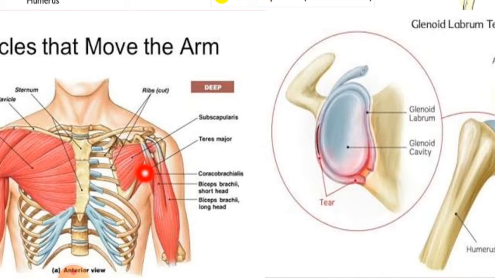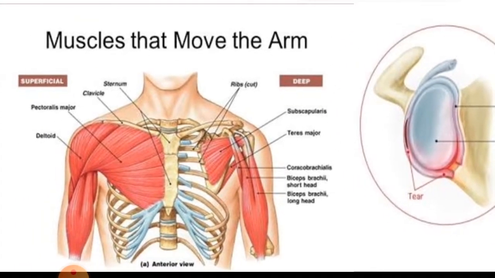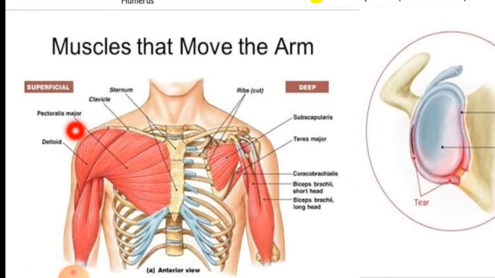That's why we are calling it the coracobrachialis muscle. And the other muscle that is involved for the flexion is the pectoralis major muscle. This is a superficial muscle.